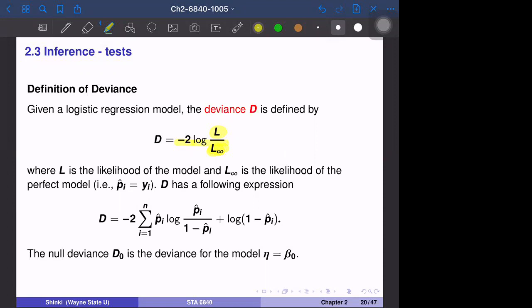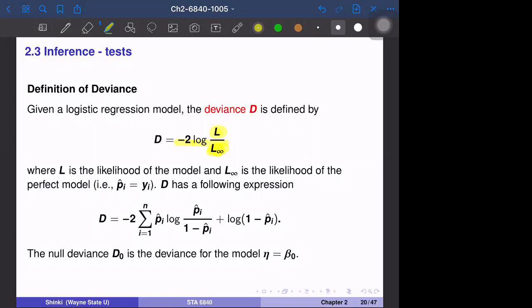It's similar to the idea of residuals in linear regression. If the residual is 0, then that is a perfect model. If the residual is somewhat different from 0, then the model is not perfect. So we measure the distance from the perfect. If L and L infinity are the same, then D becomes 0. So it's a similar quantity to the residual.